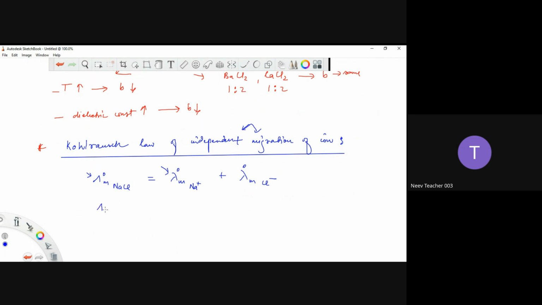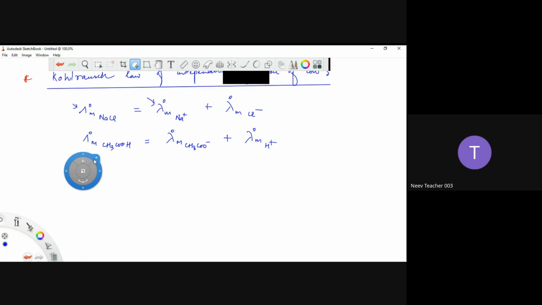Let's take a weak electrolyte: the molar conductivity of acetic acid is the summation of the molar conductivity of the acetate ion and the molar conductivity of the hydrogen ion. And the molar conductivity of HCl is the molar conductivity of the H plus ion and of the Cl minus ion. That is how you write it.